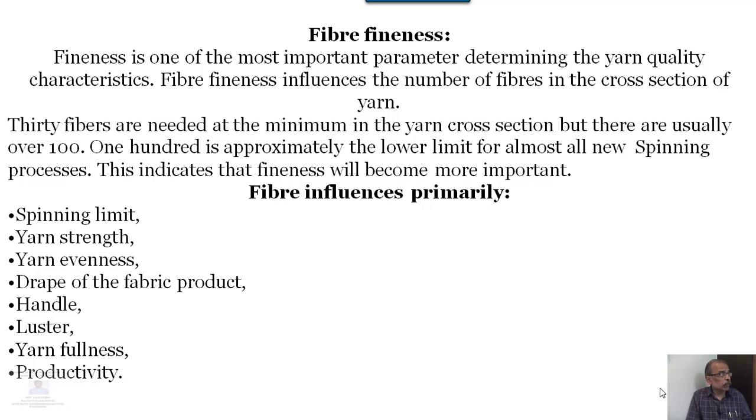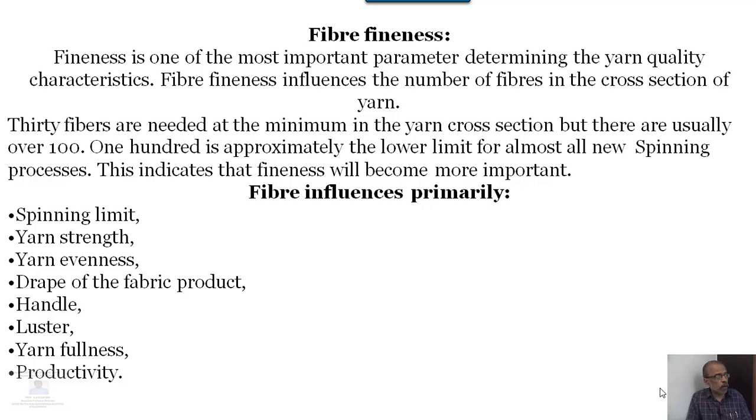Yarn evenness: particularly in case of the short fibers, these are usually called floating fibers in the drafting system when one considers the mechanical processing. These floating fibers are susceptible to causing unevenness in the yarn. So that is why this is a very important consideration.